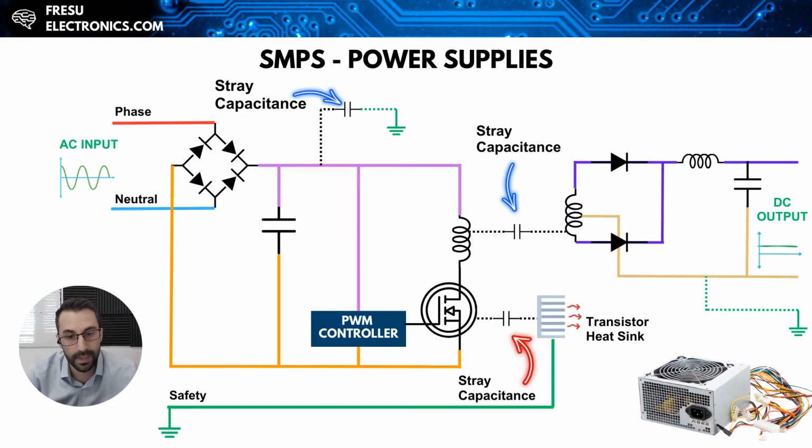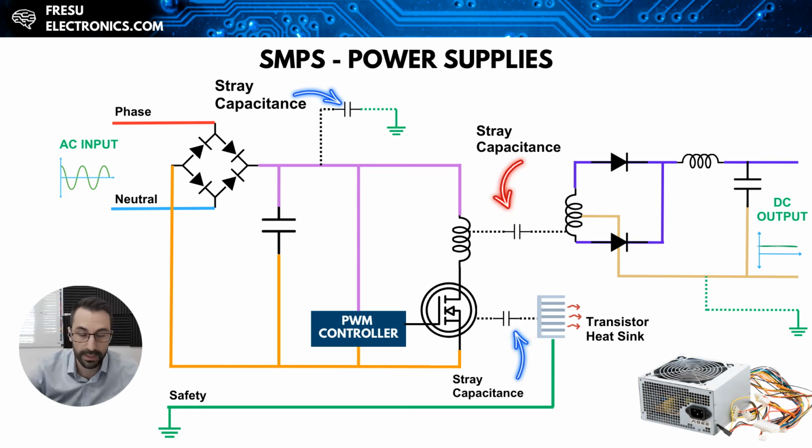So the SMPS will then have multiple sources of noise, which are categorized as normal operation noise, which comes from the differential mode noise, and the common mode noise, which comes from the parasitics within the circuits. So let's see what the major contributors of common mode noise sources are in this SMPS power supply. The first is the transistor to heat sink capacitance, where the heat sink is usually connected to the safety green wire.